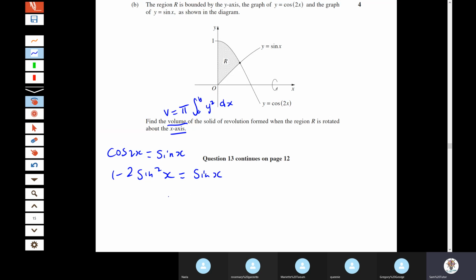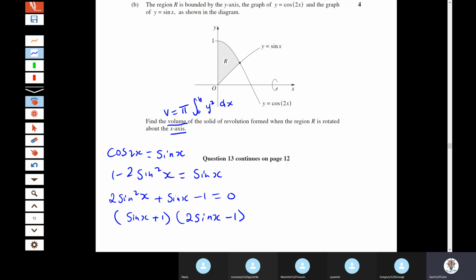sine x. Bring everything to one side, so you'll get 2 sine squared x plus sine x minus 1 equals 0. Factorize, you should end up with sine x plus 1 and 2 sine x minus 1. I see you nodding. That's good, right?